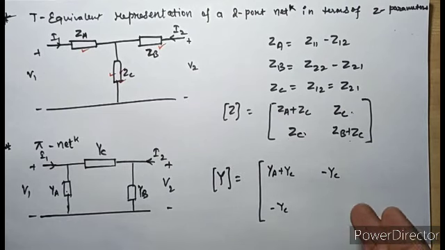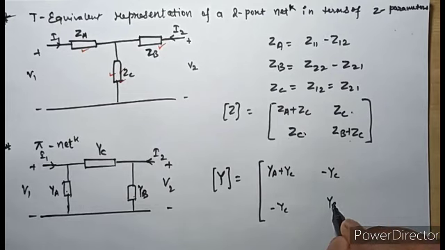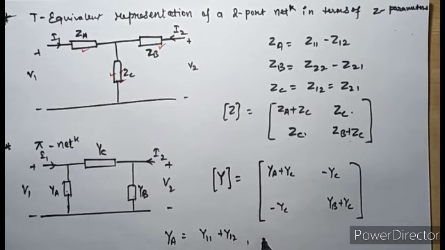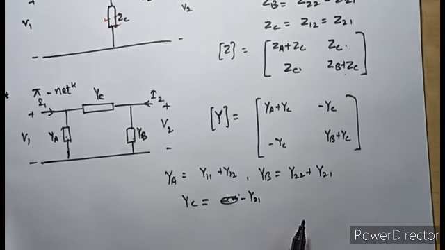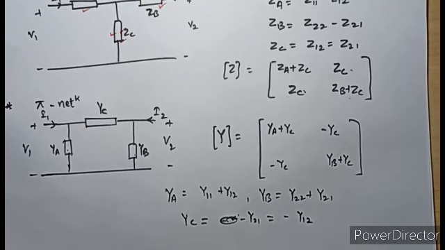Similarly our Y22 will be the sum of these two admittances, hence YB plus YC. And our YA will be Y11 plus Y12, our YB will be Y22 plus Y21, and our YC is equal to minus Y21 or minus Y12.